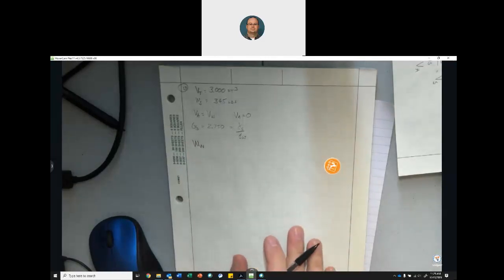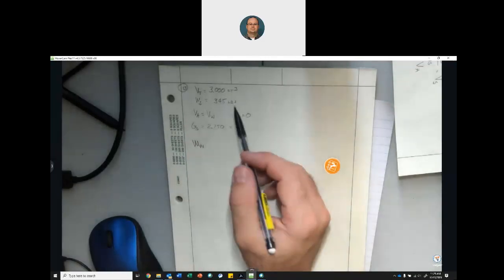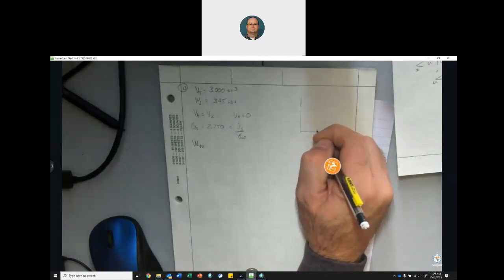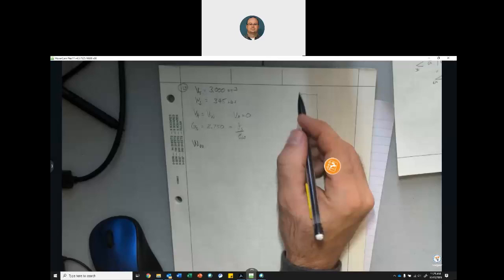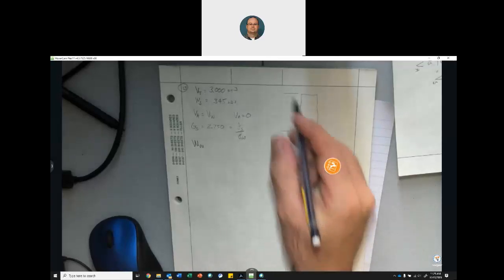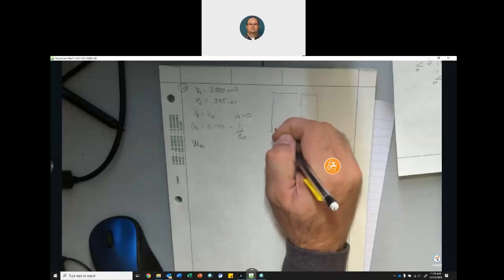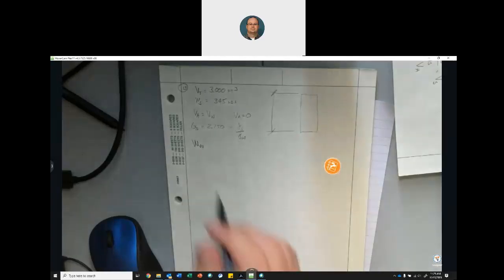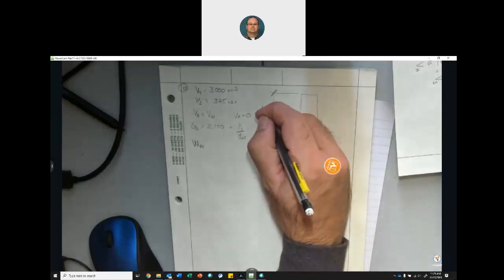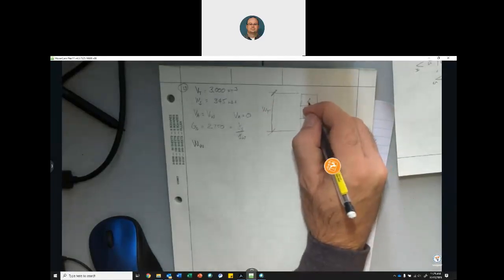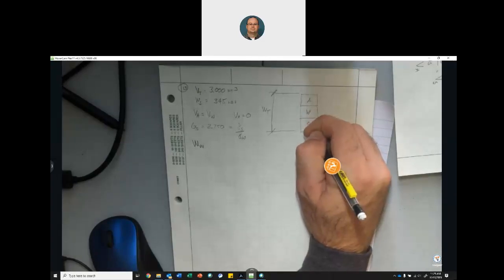All right. Oh boy. So in our phase diagram, okay, so we have total weight, we have air, water, solids.